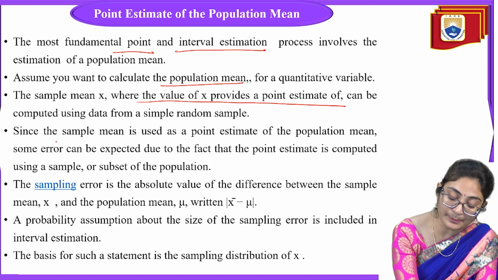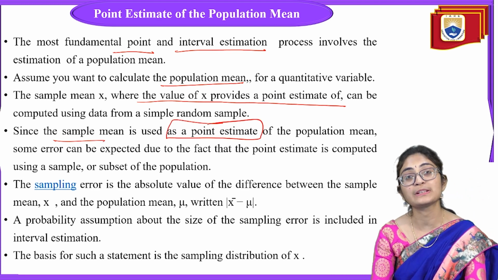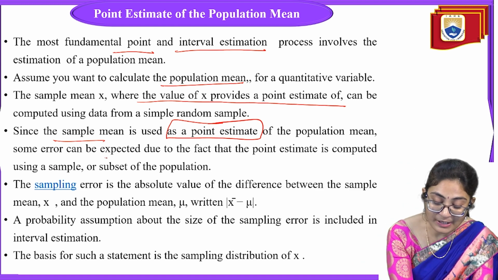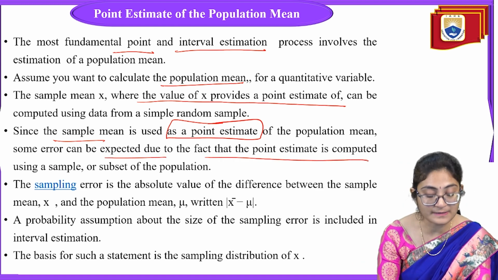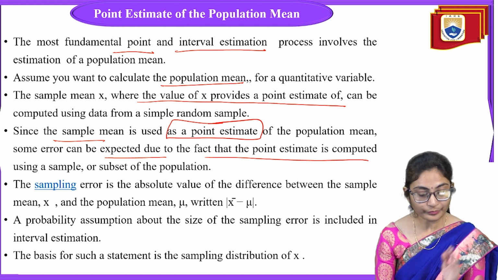So since the sample mean is used as a point estimate of the population mean, some error can be expected because the point estimate is computed using a sample or subset of the population.